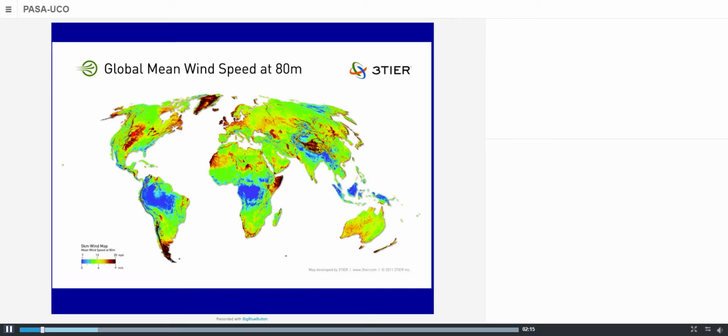This area are the Great Plains of North America, Western Africa, Mauritania, Sahara, Eastern Africa from here, and parts of northern India and southern China. There you would find the Himalayas. We have also high wind speeds in northwestern Europe, Norway, United Kingdom.